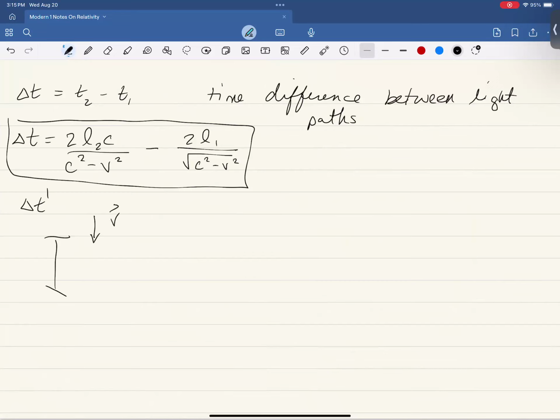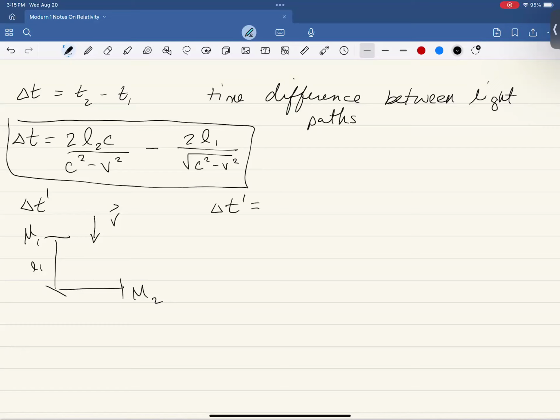Here's our ether drag like this, here's M1 and here's M2. Now the ether drag is pointing parallel to path L1 instead of path L2. That doesn't really change too much, so you'll see what I mean.